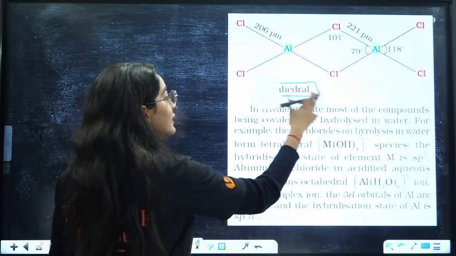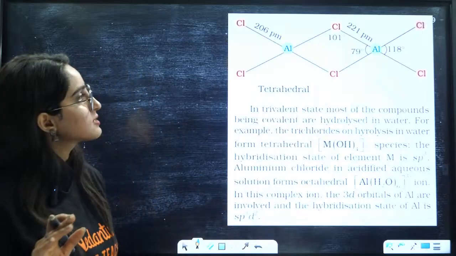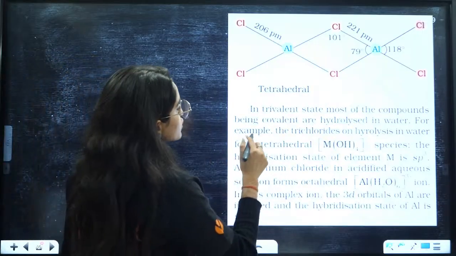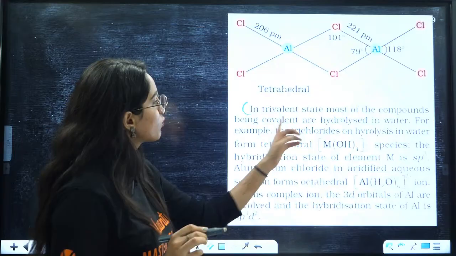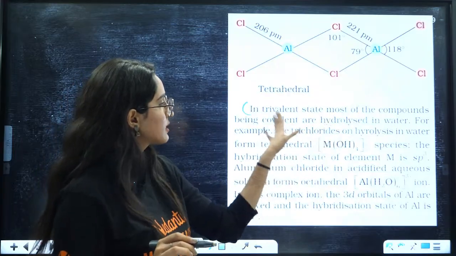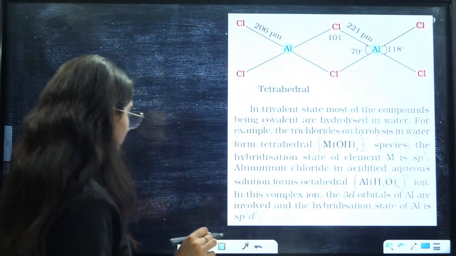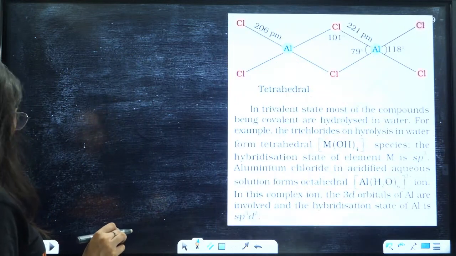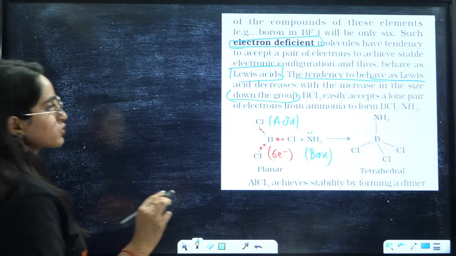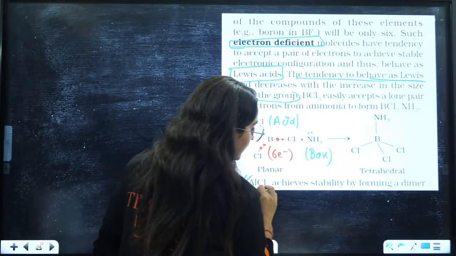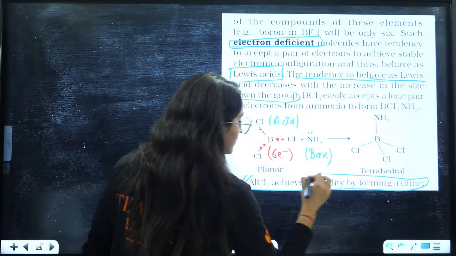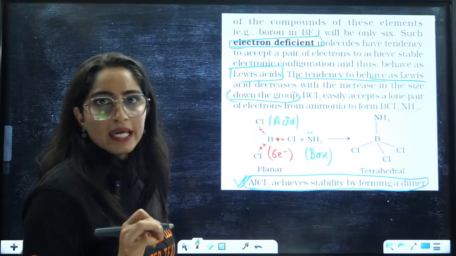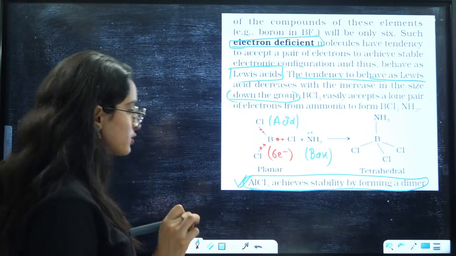Now, the interesting thing about this dimer is that, firstly, in the trivalent state, most of the compounds being covalent are hydrolyzed in water. They are talking about hybridizations and all. No worries, right? You just need to remember that AlCl3 achieves stability by forming the dimer. Okay, understood?